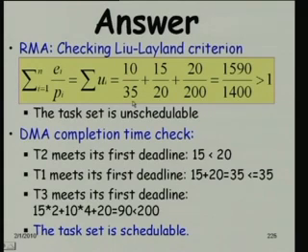Okay, so let us not wait for your answer, because those who have already done it can cross check the answer. To check the Liu-Layland, we find that the utilization is greater than 1.